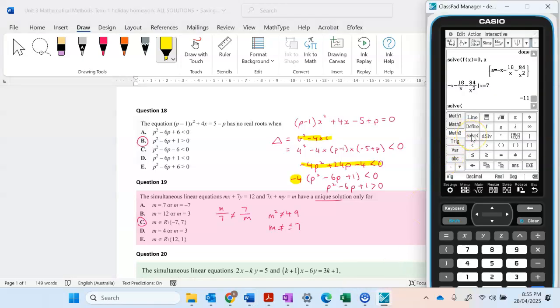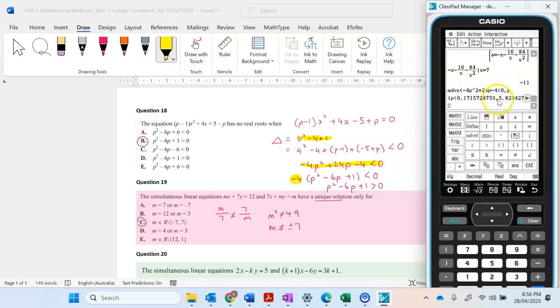So let's just see what does happen. -4p squared plus 24p minus 4, and then our inequality sign is here, so less than 0, and we're solving for p. Oh gosh, what is it doing to me? No, I didn't want that actually.